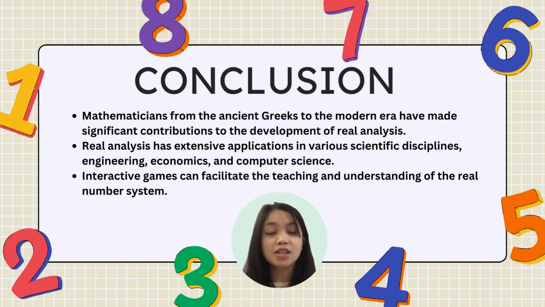Furthermore, the teaching and understanding of the real number system can be facilitated through interactive games that introduce basic concepts. Real analysis continues to play a pivotal role in understanding complex phenomena and solving real-world problems, making it an indispensable and fundamental discipline in modern mathematics and scientific research.